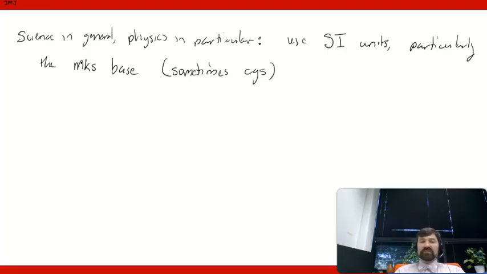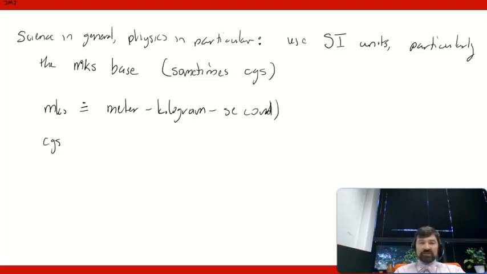So what do these two things mean? Well, MKS stands for meter, kilogram, and second. And for what it's worth, CGS stands for centimeter, that's the C, gram, that's the G, and then second.